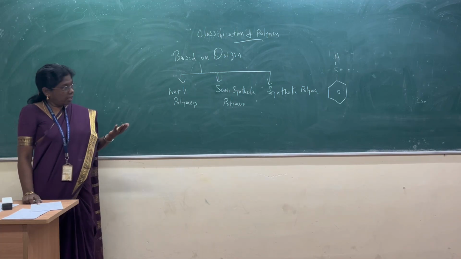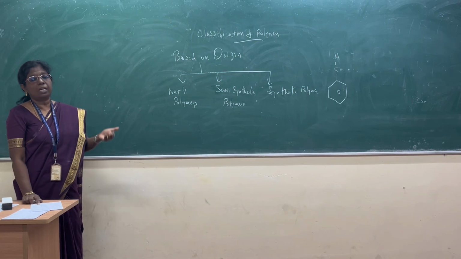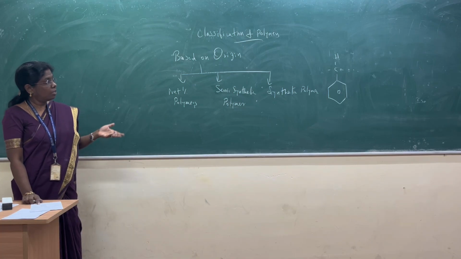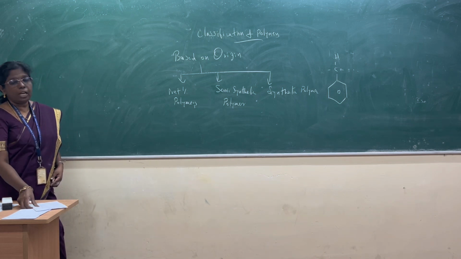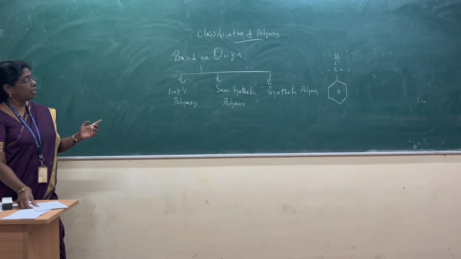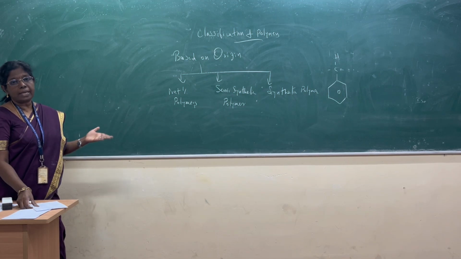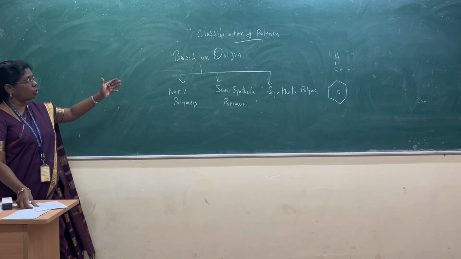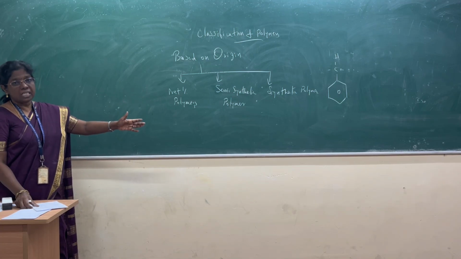Semi-synthetic polymers are derived from naturally occurring polymers, and further chemical modification takes place. Examples are nylon, synthetic rubber, polyvinyl chloride. Synthetic polymers are man-made polymers. An example is plastic. So based on origin, we have natural polymer, semi-synthetic polymer and synthetic polymer.